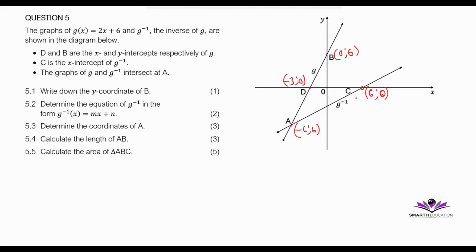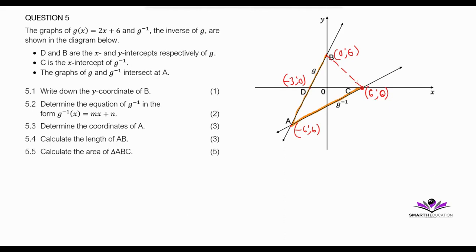Okay, we want to find the area of triangle ABC. So what we can do here is to find the length of BC. Okay, and then after finding the length of BC, that becomes the base of this whole triangle. This becomes the base of the triangle ABC.